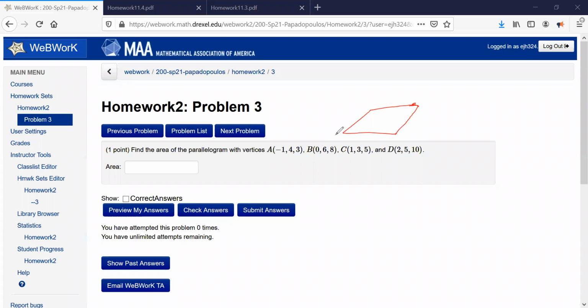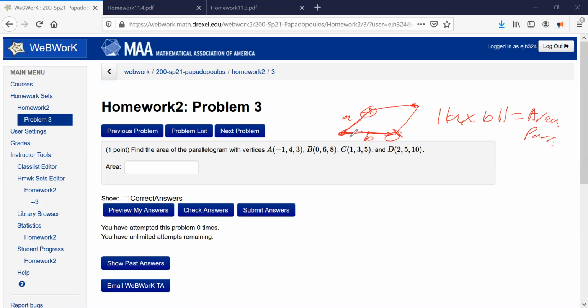I can't pick these 2 opposite ends or these 2 opposite ends, but I can pick this one and then its 2 adjacent vertices to define my vectors. If this one is A and this one is B, then the magnitude of A cross B is going to be equal to the area of the parallelogram.